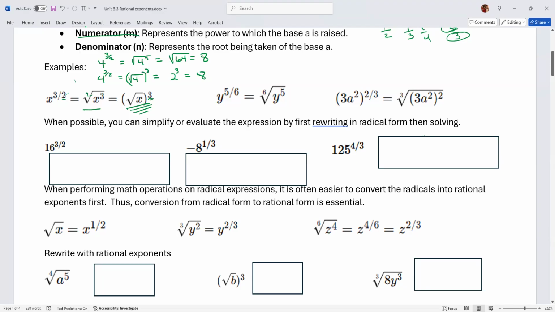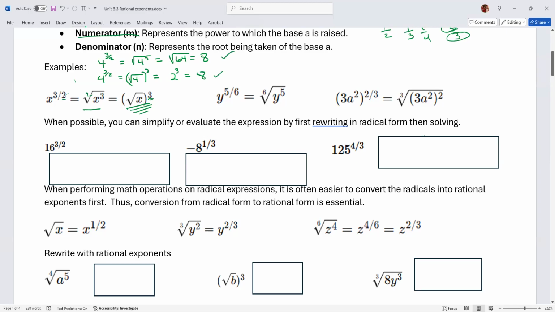I could do 4 cubed first and get 64 and then apply the square root, and I would get 8. Or, same problem, I can take the square root of 4 first and then cube that answer. The square root of 4 is 2, 2 cubed is 8. So you can see that either way, I am getting exactly the same answer.